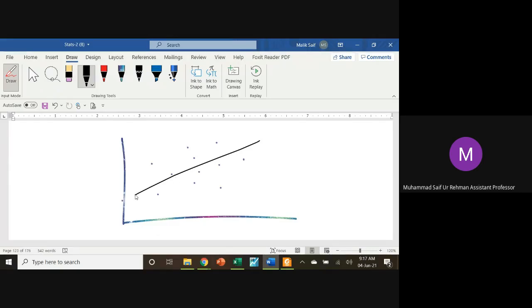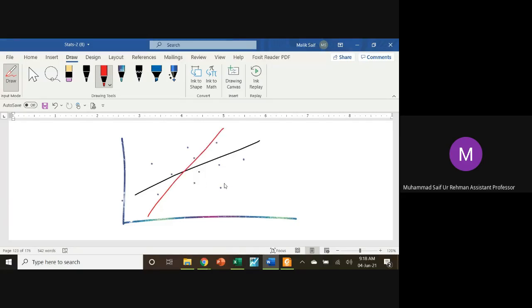I'm going to pass this line through the center of the dots. Mr. A's best guess is this. But there is another boy, Mr. B, and he is going to say, no, sir, my line is like this, and it is again going through the center of the dots.